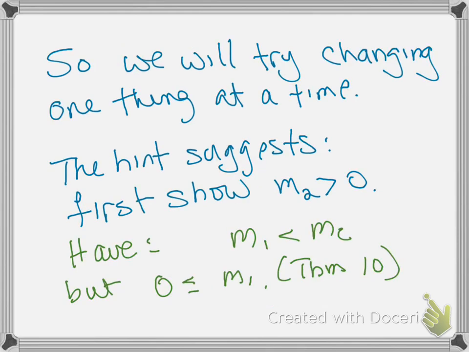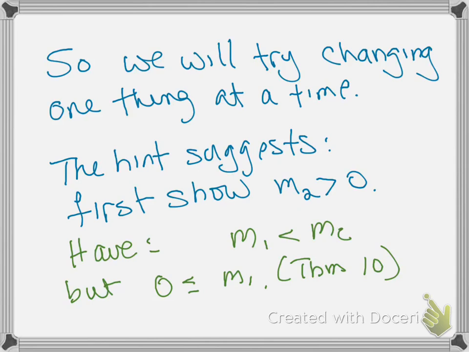So in order to use that theorem, we can try changing one thing at a time and seeing what inequalities we get. But one of the assumptions in Theorem 17 was that z was greater than 0, and the hint suggests, let's try first showing that m2 is greater than 0 and see whether that helps us to apply that theorem.